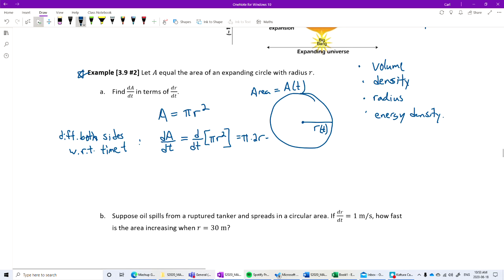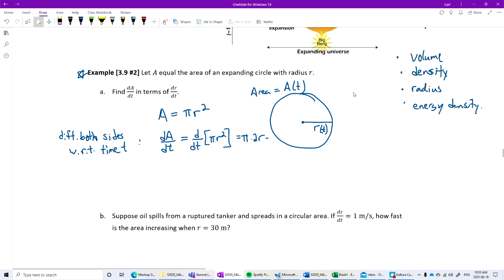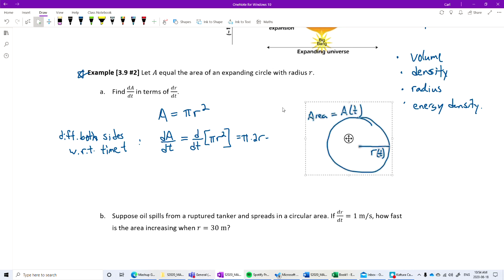Let me move this circle over a little bit. Everything's cramped here. Okay, so times dr/dt. What I've done is treat each variable as a function of time, so it looks like implicit differentiation, right?